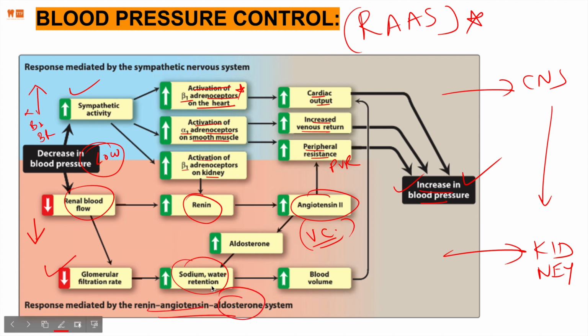Sodium water retention is in relation to aldosterone. Remember when we said that angiotensin 2 is a very strong vasoconstrictor? Well, it also causes an increase in aldosterone. And increased aldosterone also contributes to increased sodium water retention. Ultimately, the blood volume increases, causing an increase in the blood pressure.